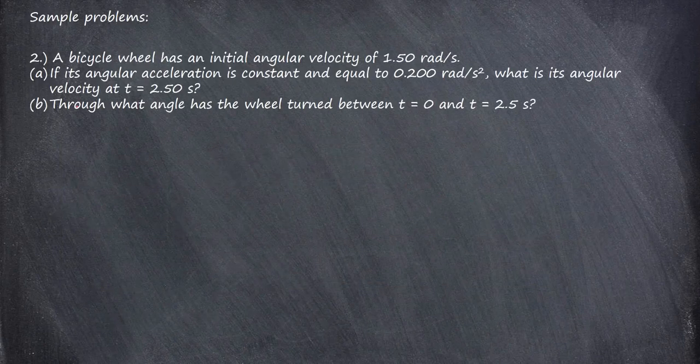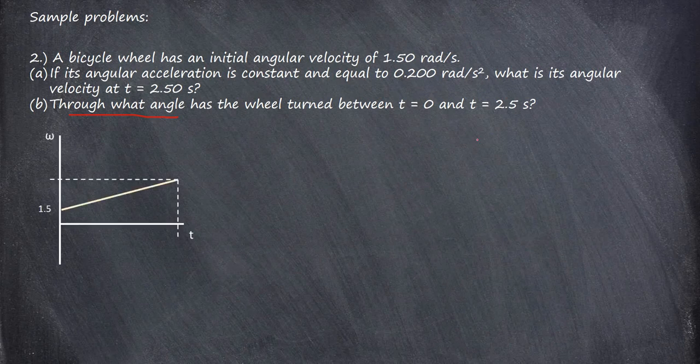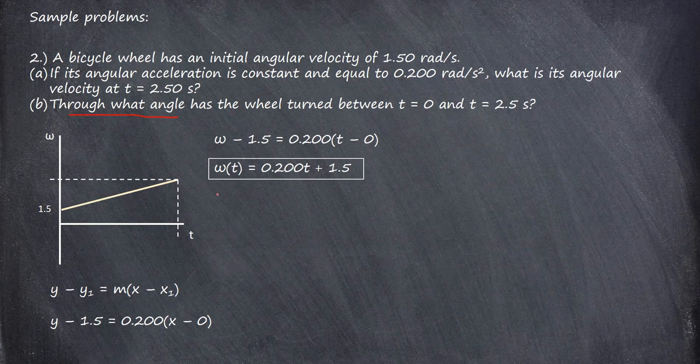so I ran out of space. So for letter B, through what angle has the wheel turned? This one we already have solved for, this omega of t. We now have the function, the equation, omega as a function of t is equal to 0.2 t plus 1.5.